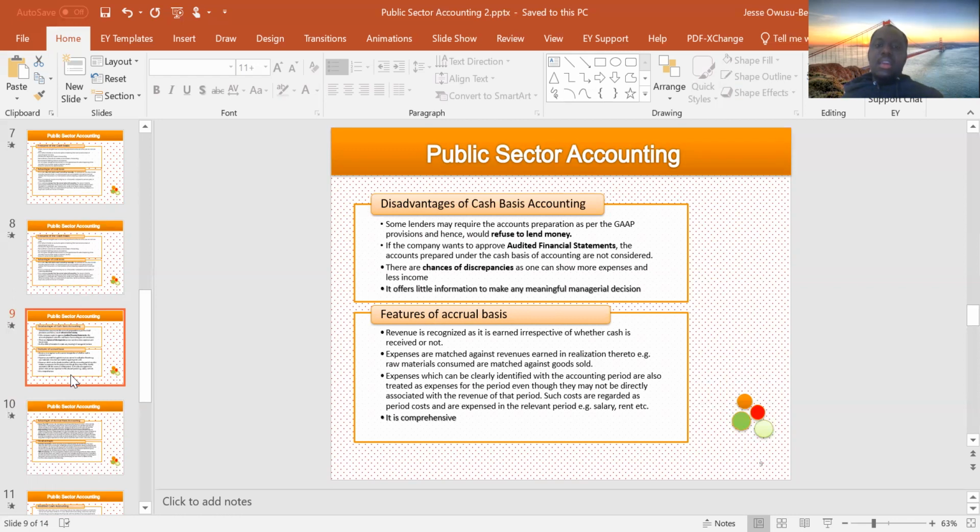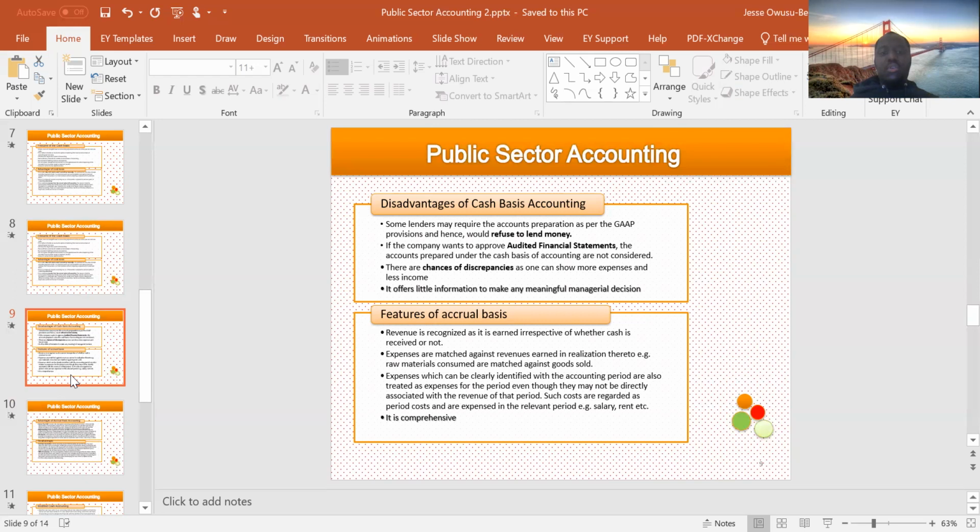Let me repeat again. Under the accrual basis, revenue is recognized when it is earned, not received, like the cash basis. Expenses are recognized when they are incurred, not necessarily paid, like the cash basis of accounting. So that's the understanding going into this.